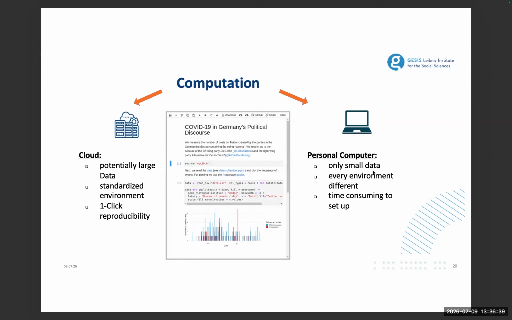Every computer is configured a little bit differently, and it takes a long time, much longer than just clicking on a link to set something up, right? So again, very few people actually publish their computational artifacts for papers in a way where you can rerun it within 5 minutes.